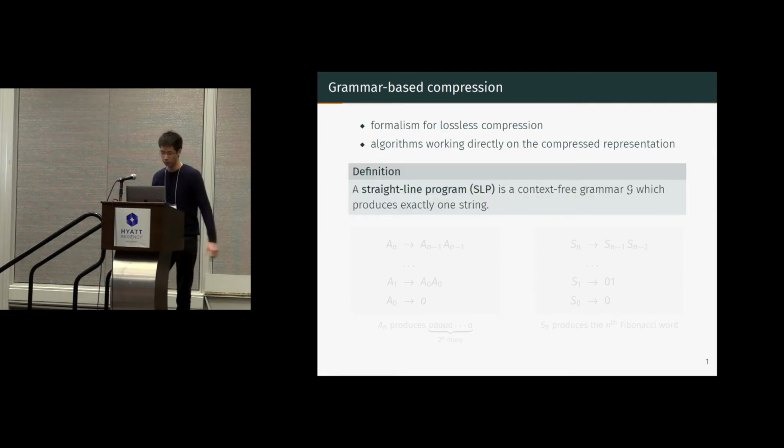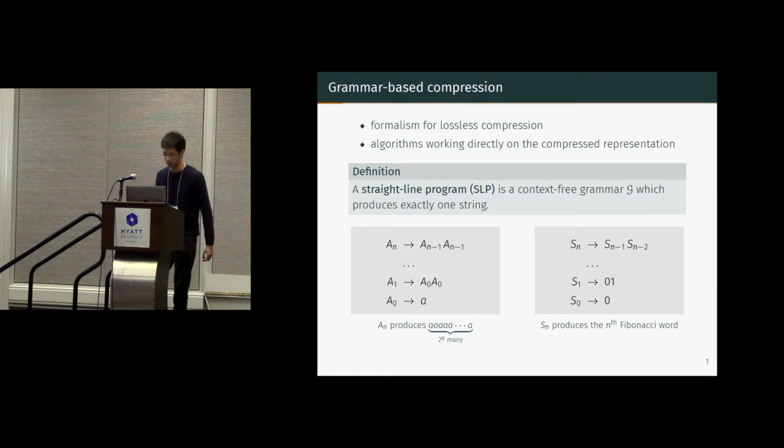So here's a definition. A straight line program, or SLP for short, is simply a context-free grammar which produces exactly one string. We view this SLP, or this grammar, as a compressed representation of the string. So let's start with simple examples. Here we have a couple of rules, and I claim that the left one produces an exponentially long string.